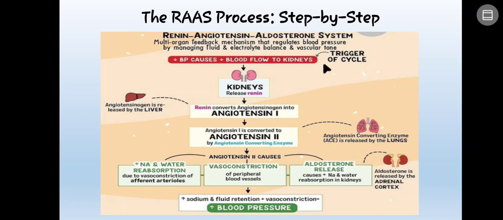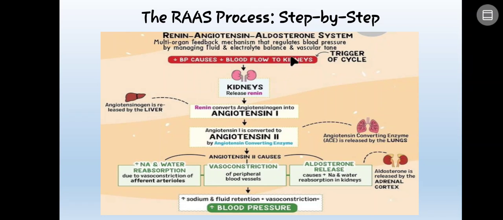The first thing that occurs in this RAAS process is the release of renin. The renin is actually released by the juxtaglomerular cells, but something should stimulate them to release the renin. We have three mechanisms that would do that.